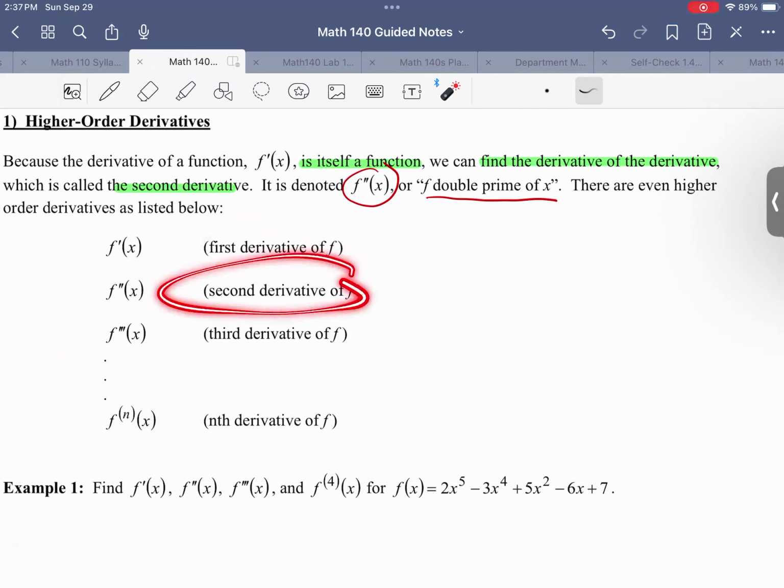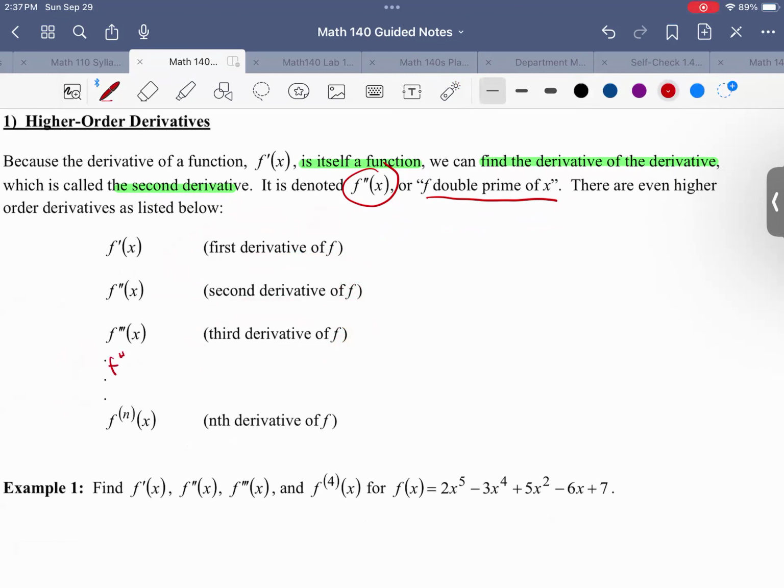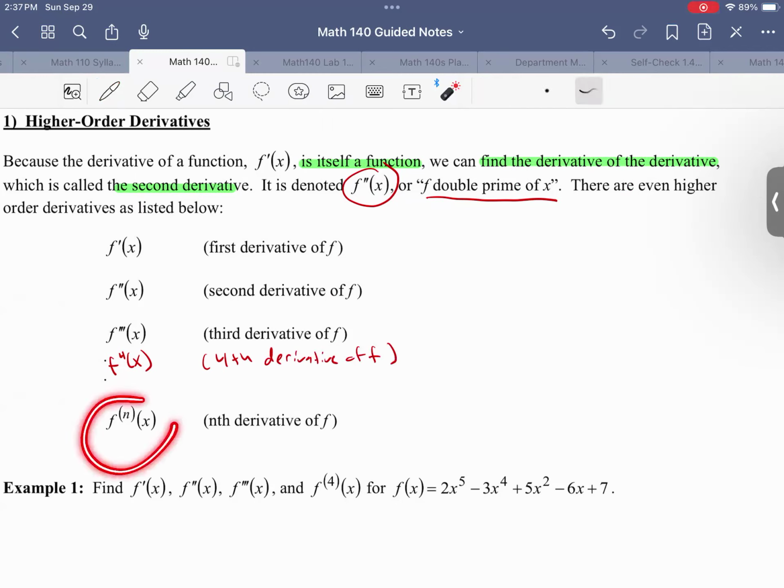We can take a second derivative, a third derivative, a fourth derivative, and we can take the hundredth, thousandth, and theoretically the nth derivative of f.